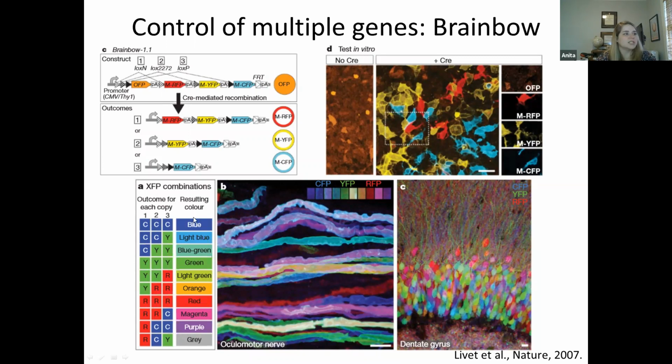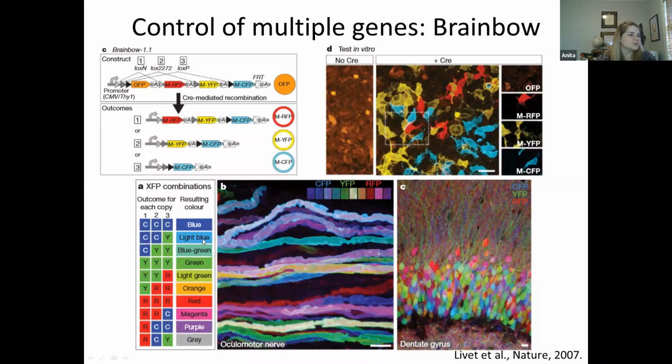So if 3 times it chooses C, whatever the CRE recombinase leads to is expression of C. If you have all 3, you get blue. If one of those becomes yellow, it's light blue, and so on and so forth. And so that's how you get expression.